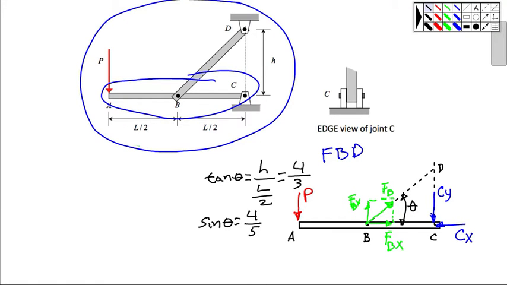Now we can find Cx if we sum the forces in the x direction.